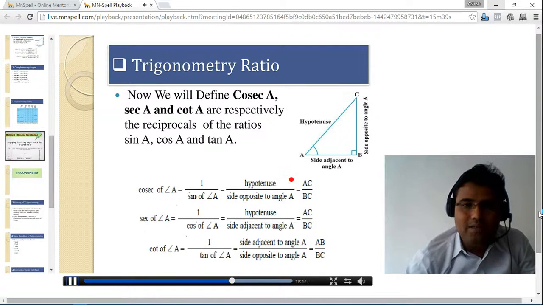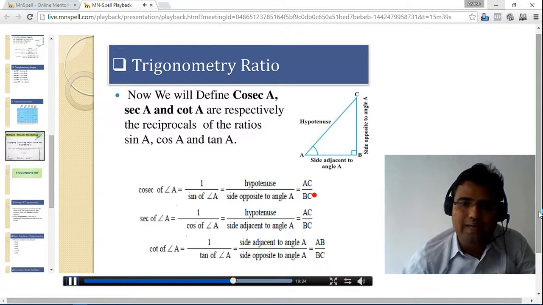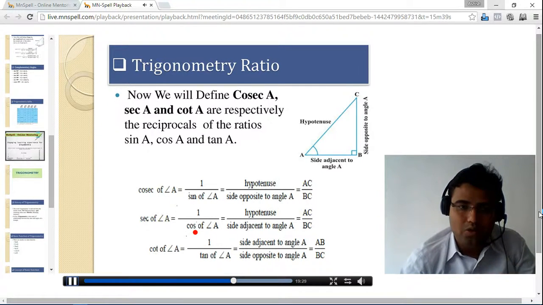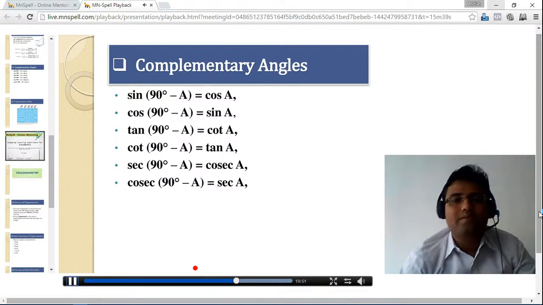Cosec A is equal to the hypotenuse upon the opposite side of angle A, that is AC upon BC, the reciprocal of sine A. Sec A, the reciprocal of cos A, is equal to the hypotenuse upon the adjacent side of angle A, that is AC upon AB. And cot A, 1 upon tan A, is equal to the adjacent side of angle A upon the opposite side of angle A, that is AB upon BC, the reciprocal of tan A.